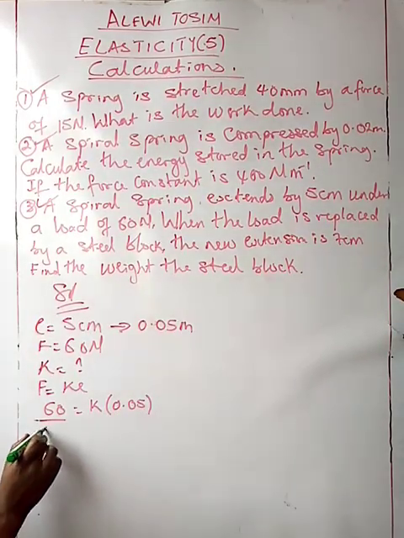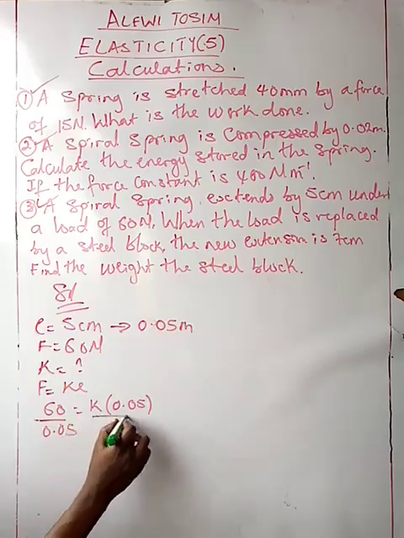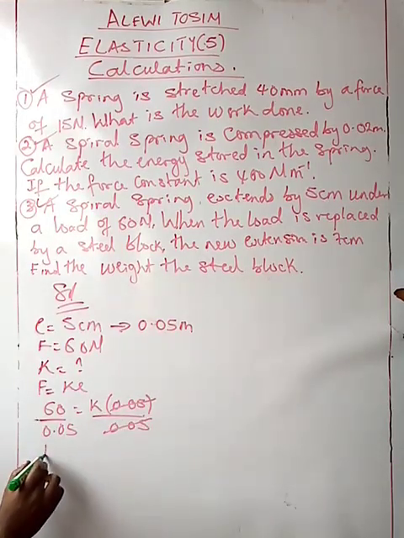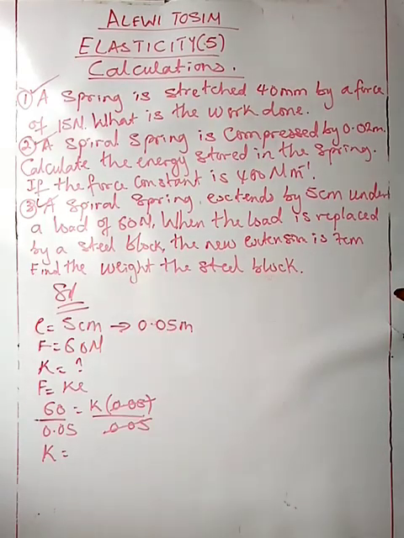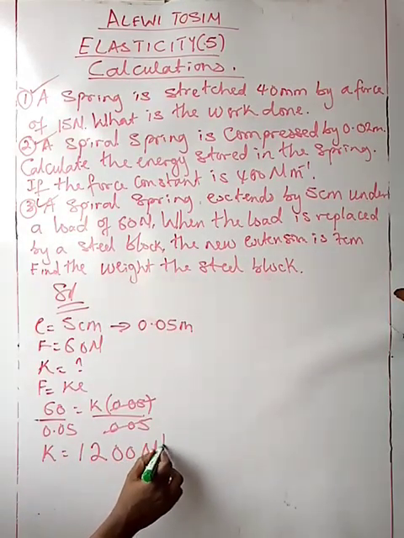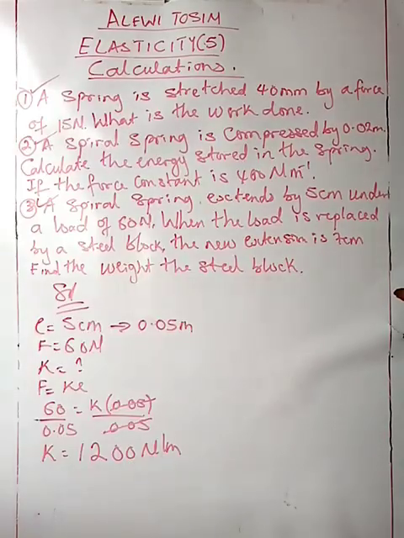So we divide through by 0.05. This cancels this. So our elastic constant will be 60 divided by 0.05, and that gives us 1200 Newton per meter. That is the elastic constant.